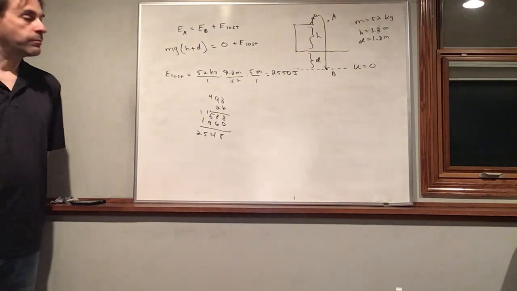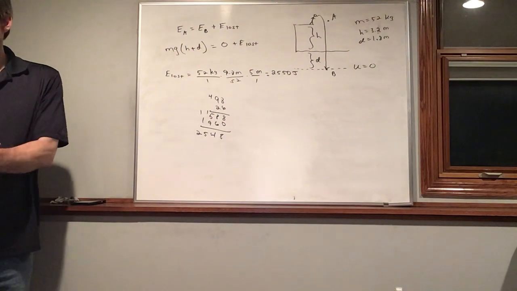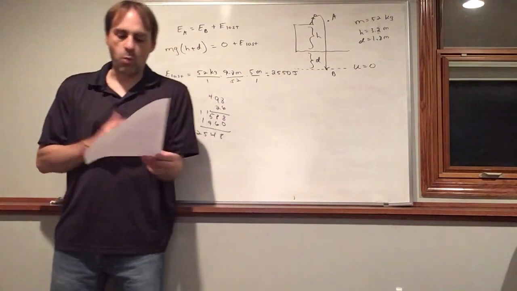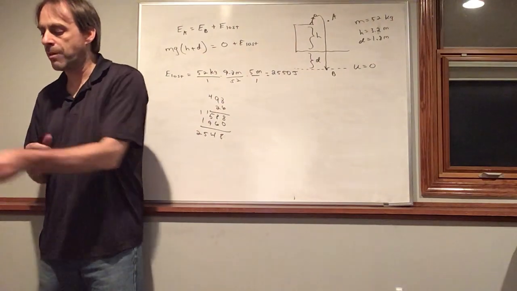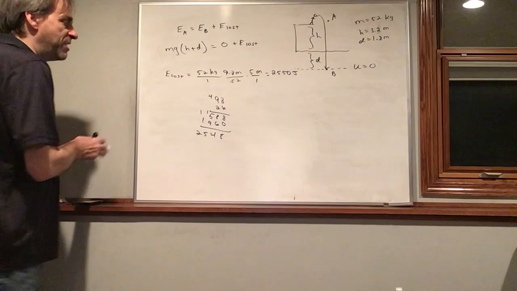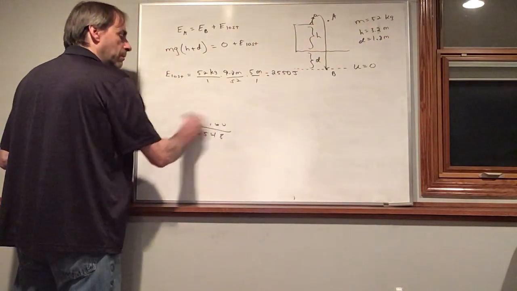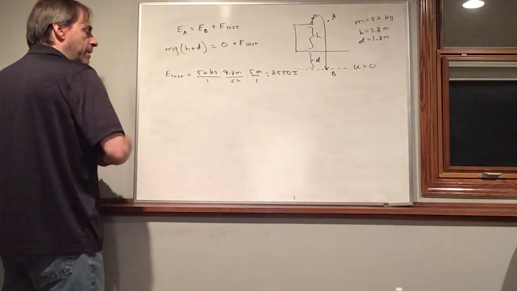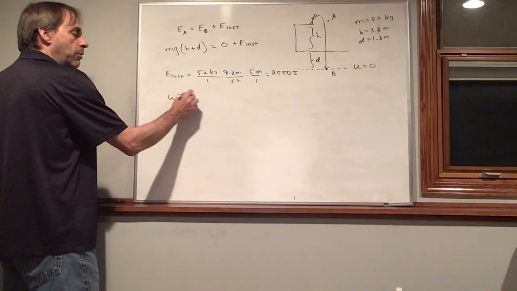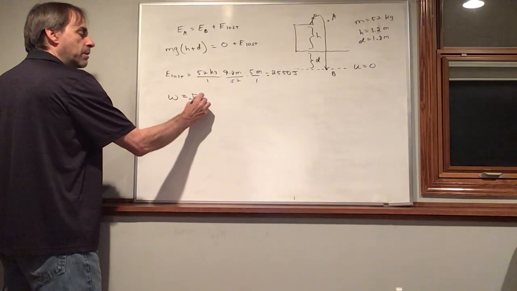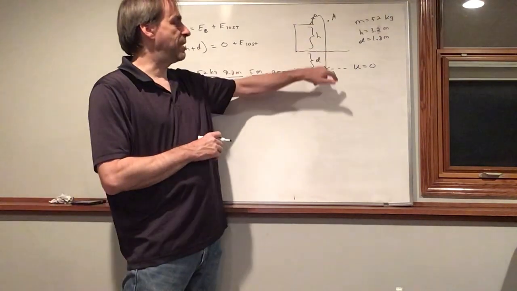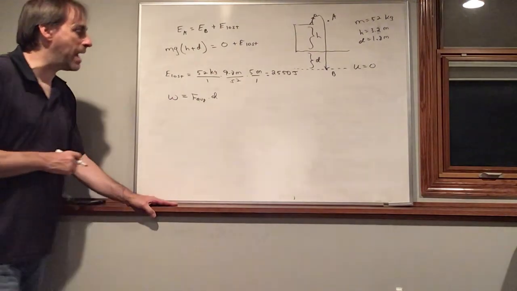Okay. So now the question, though, is what was the average force that the water exerted on the swimmer during this descent? We can say the total work being done by this force, by the water, would just be this average force times d, where d is the distance that force was applied.